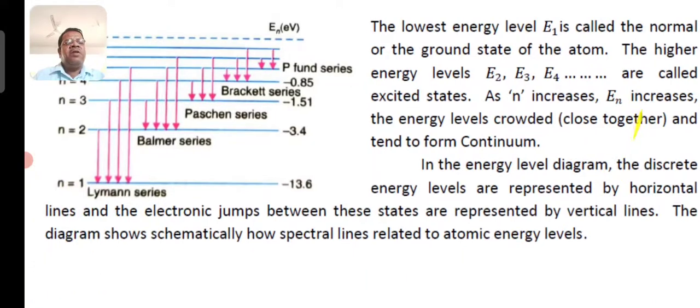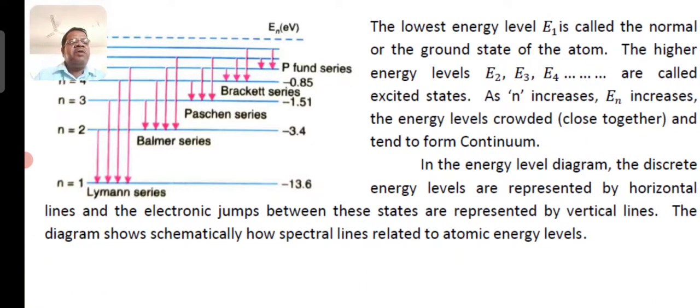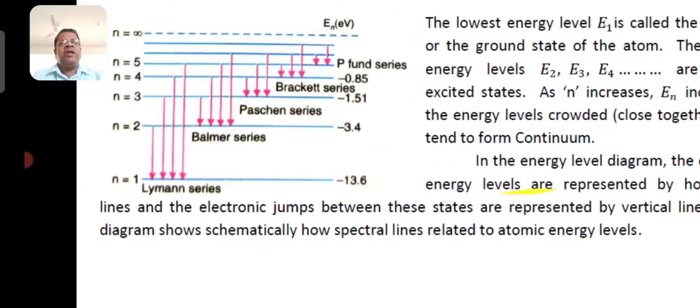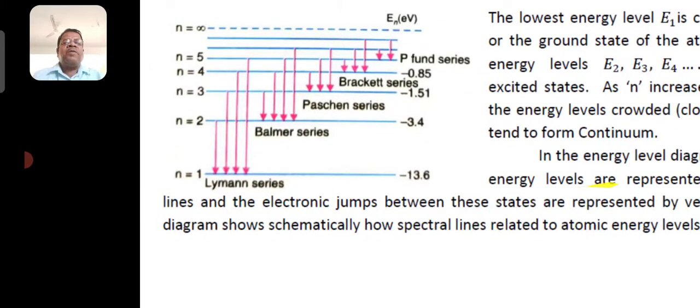In the energy level diagram, the discrete levels are represented by horizontal lines, and the electron jumps between these states are represented by vertical lines. The diagram shows schematically the spectral lines related to atomic energy levels. Observe here the Lyman series ends in the first orbit.